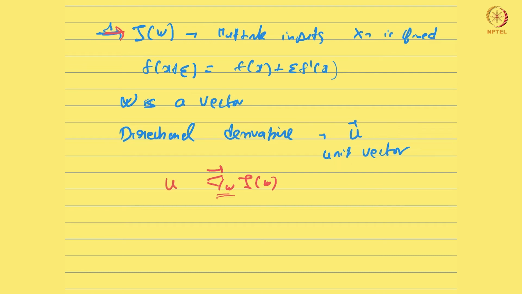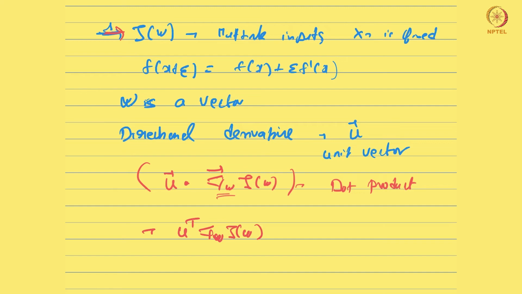So you just have to do u dot the gradient, just a dot product, okay? If you want to estimate a slope in a multi-dimensional input, this is the way to do it. And in matrix notation, this reduces to u transpose gradient w J of w, correct? So it's a dot product between two vectors, and you can write it this way.